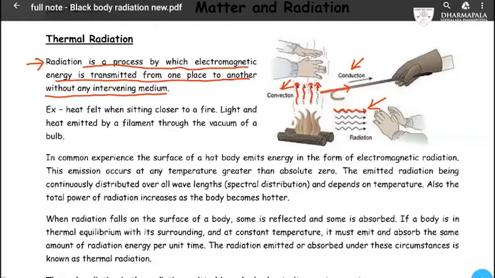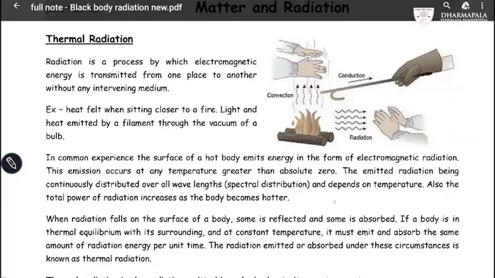So all the properties belonging to electromagnetic radiation belong to thermal radiation as well. All the objects having temperature above absolute zero can emit thermal radiation.